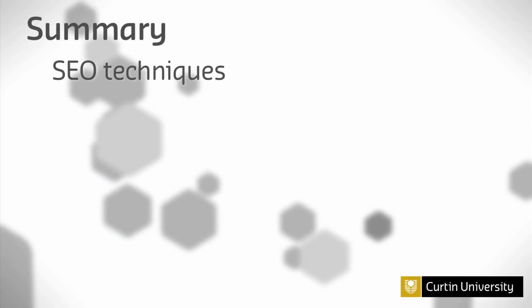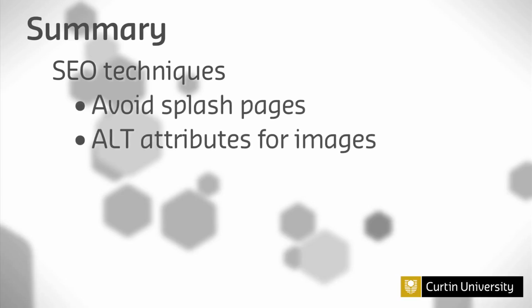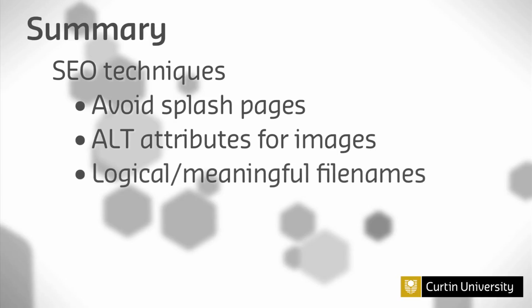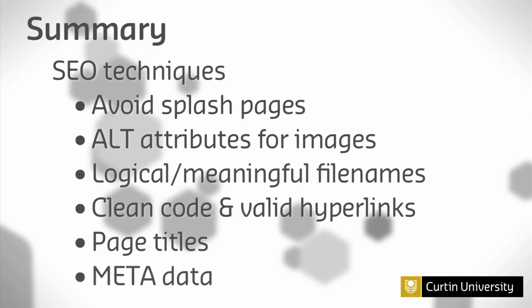In practical terms, we can design with SEO in mind. Practical techniques include avoiding splash pages, including alt attributes for images, using logical and meaningful file names, writing clean, valid code and avoiding broken links, using appropriate page titles, and including appropriate metadata.